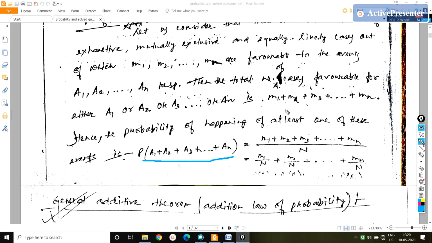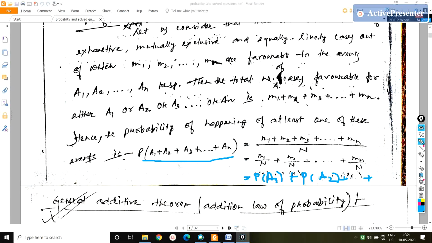The number of favorable cases for either A1 or A2 or A3 is M1 plus M2 plus M3 up to Mn, and the total number of cases is capital N. On expanding, you get M1 by N plus M2 by N plus up to Mn by N, which is nothing but P of A1 plus P of A2 plus dot dot dot plus P of An.